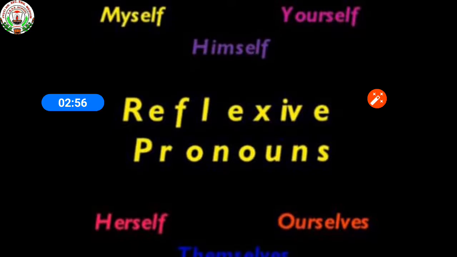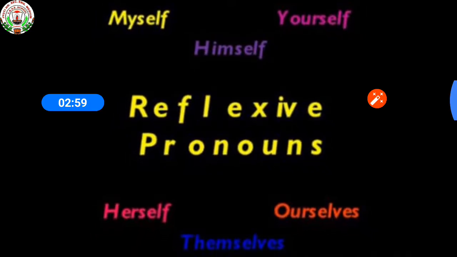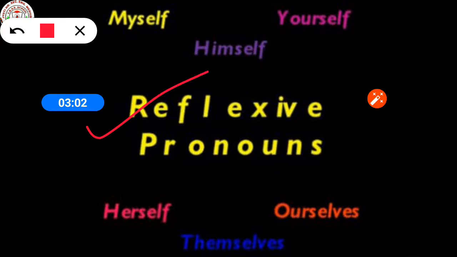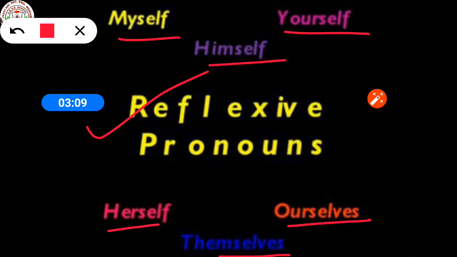Reflexive pronouns like myself, yourself, himself, herself, themselves, ourselves show when the object of a sentence is also the subject of a sentence.